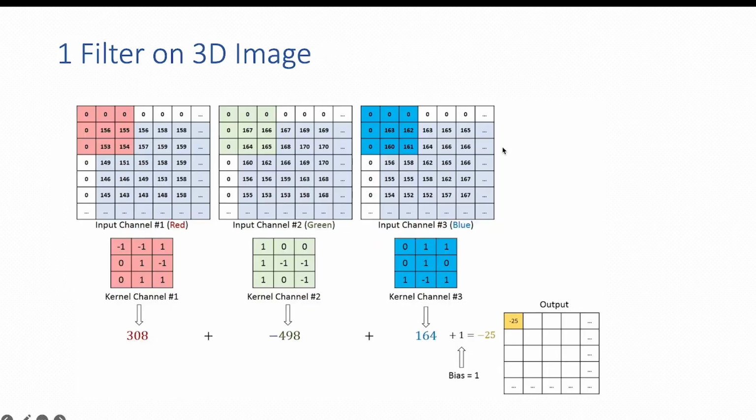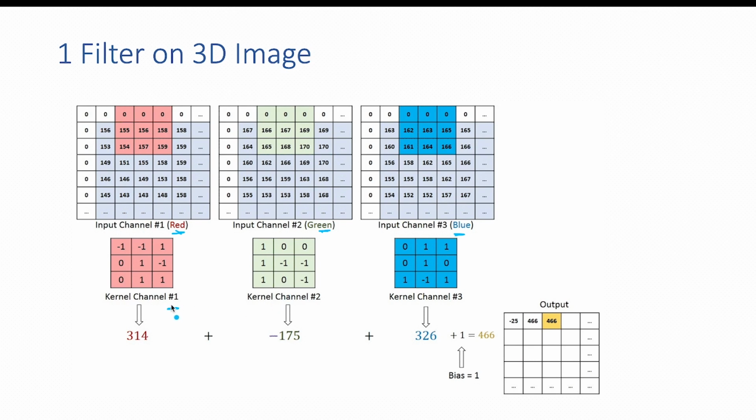If I want to expand this further, this here is how we can clearly understand what type of convolution operation we are performing with 3-dimensional input data and a 3-dimensional kernel. I have broken down the kernel into 3 different channels. Each of these channels corresponds to each one of these input channels. So this is the red channel, green channel and blue channel. This corresponds to the image data itself.